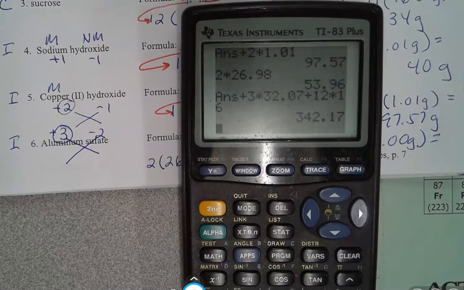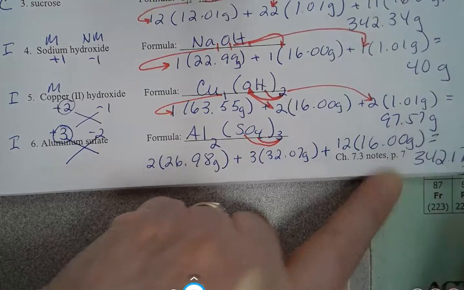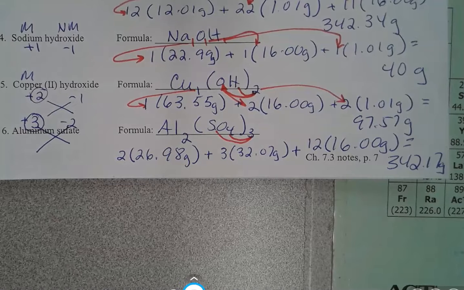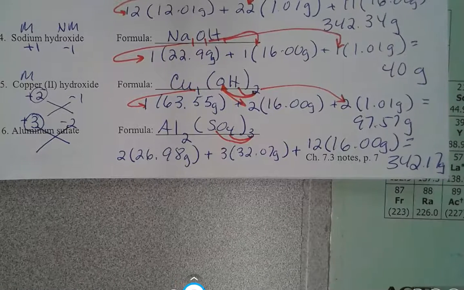And I got 342.17. And so that means, if I have 1 mole of aluminum sulfate, there are 6.02 times 10 to the 23rd particles of aluminum sulfate, and it's going to weigh 342.17 grams. Okay? And that's how you do molar mass.